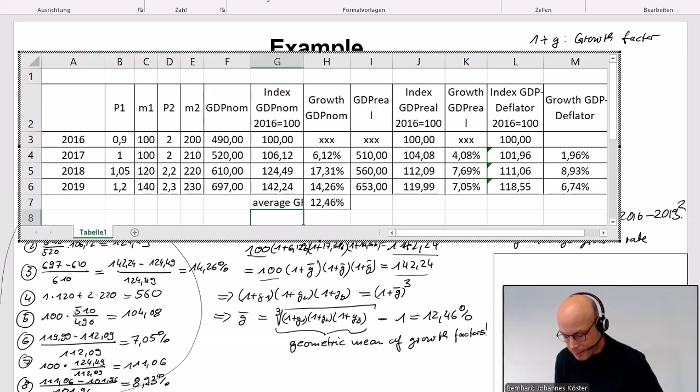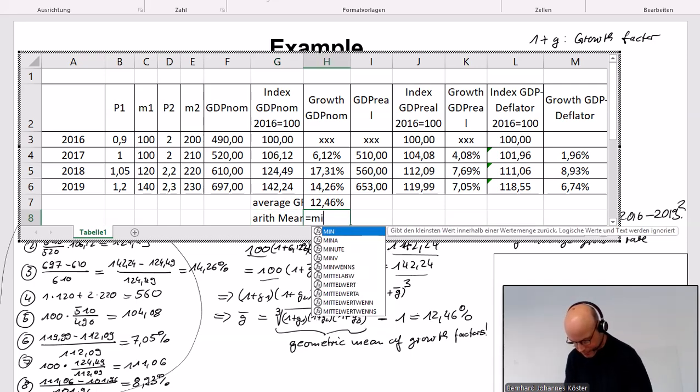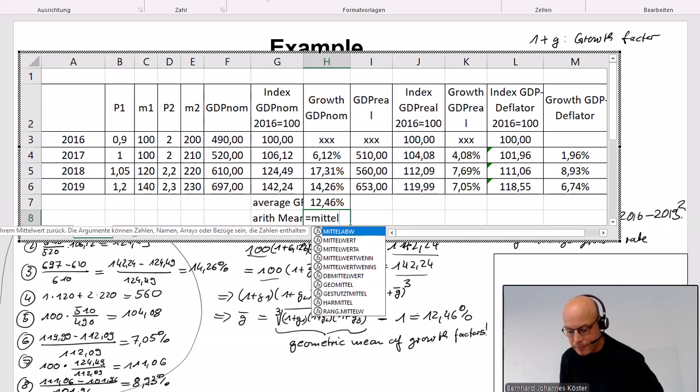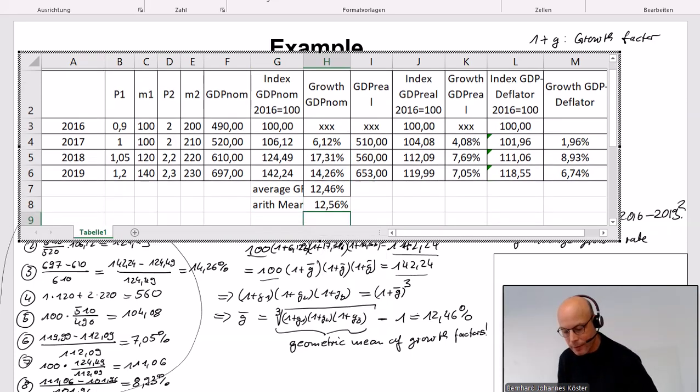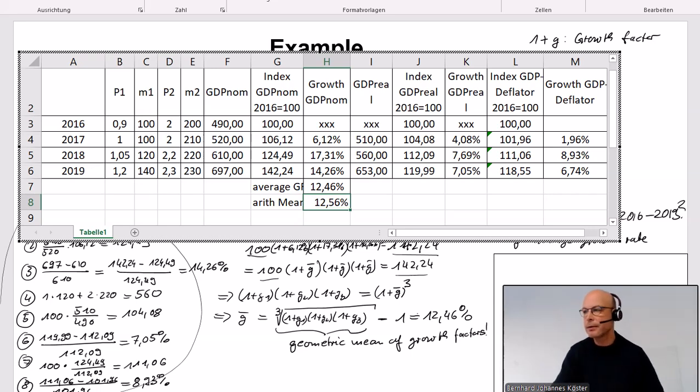And let's just do it with the arithmetic mean of these two growth rates. Then you see already in the first digit we have a difference.